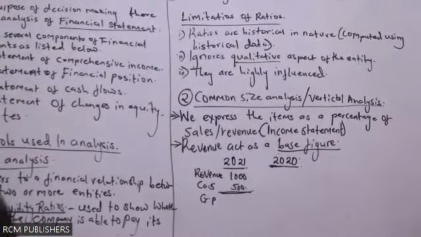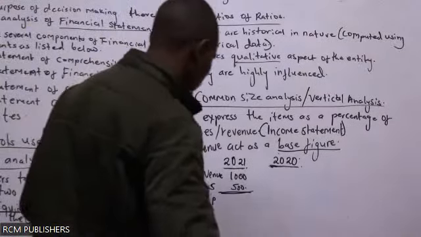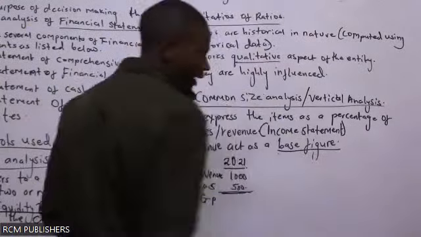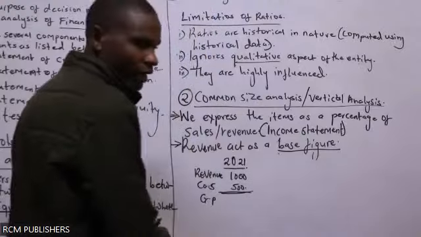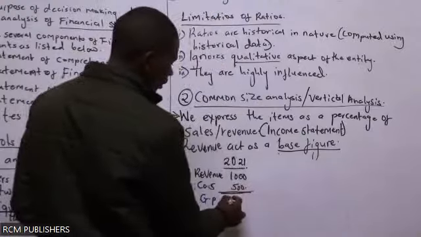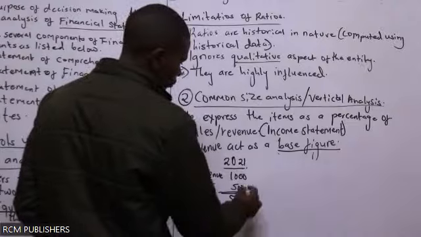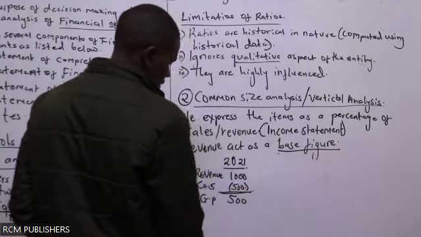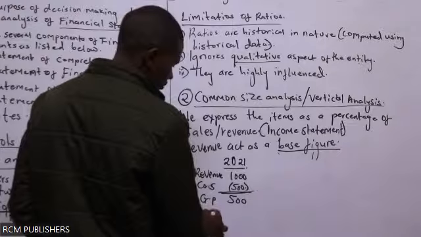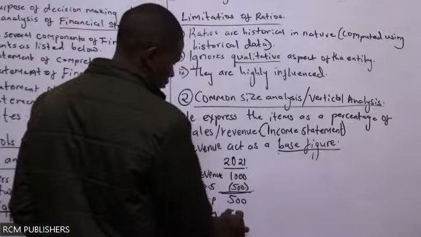Scrap this off. Leave 2020 for now, we will compare later. So my gross profit will be 500 because I just subtract this. Then you can have admin expense of 200.